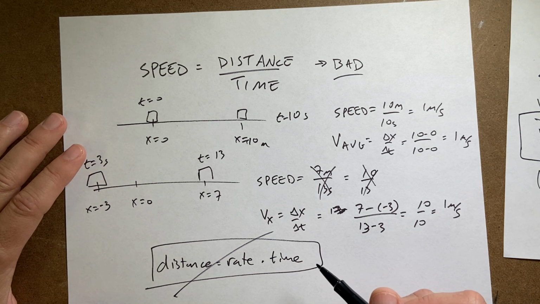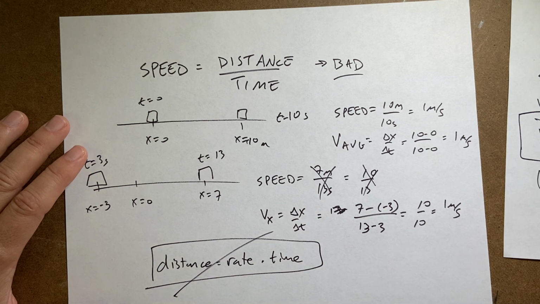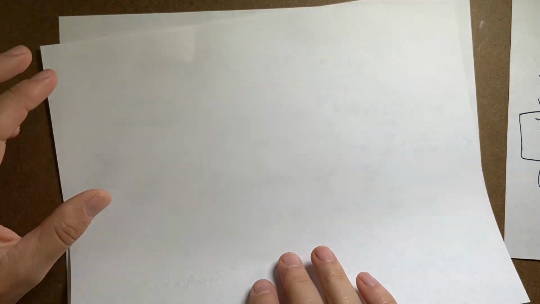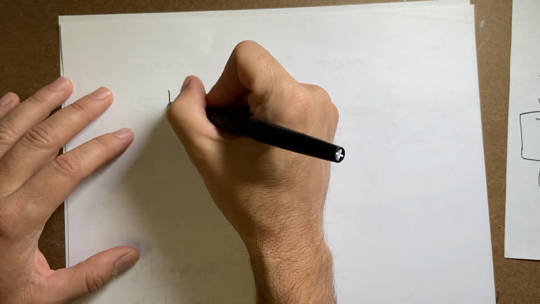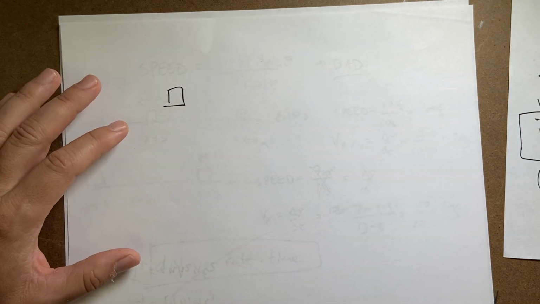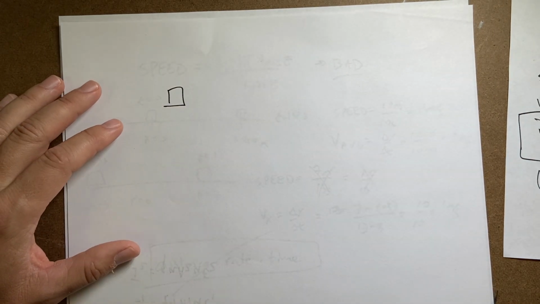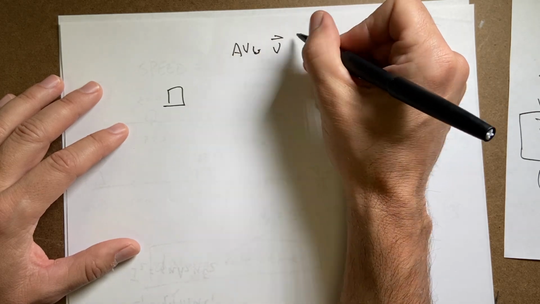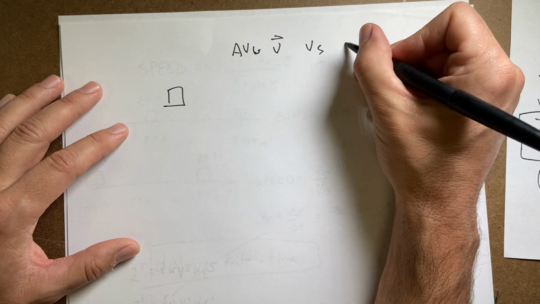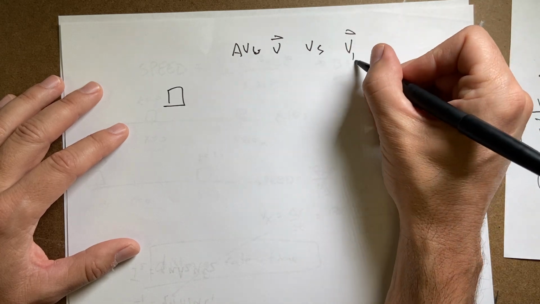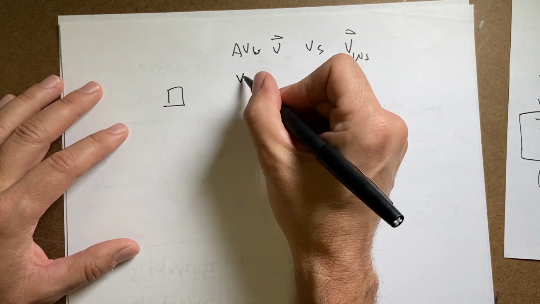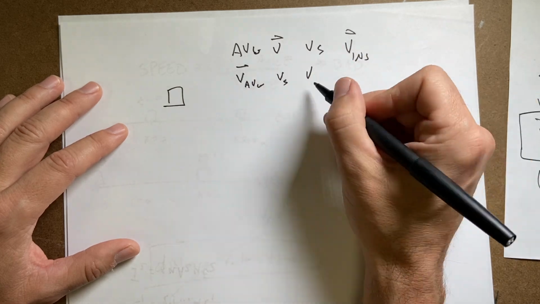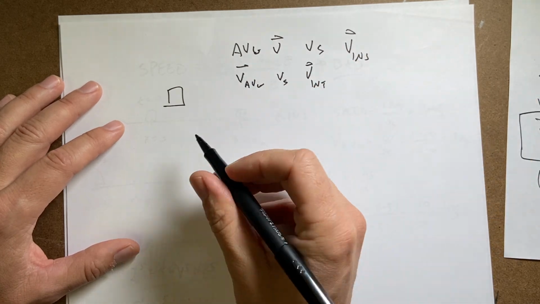Okay, let's look at the circular motion problem, because I want to talk about the difference between average velocity versus instantaneous velocity. I should say v average versus v instant.